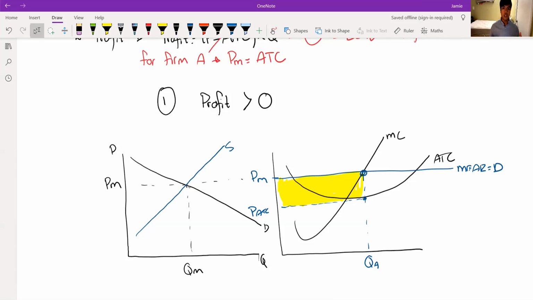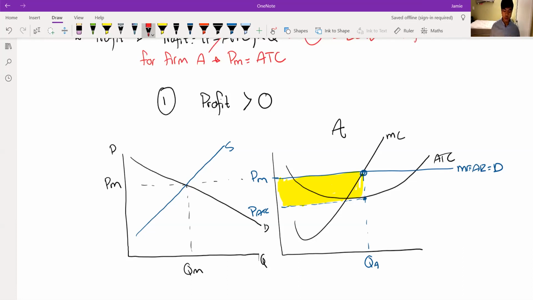So again, one of the assumptions was that perfectly competitive firms have to earn a profit of 0 in the long run. So in this case here, what needs to happen? Well, I mentioned earlier that firms will enter this market because of the profit that firm A is enjoying. And so the supply curve will shift, but it doesn't shift instantaneously.